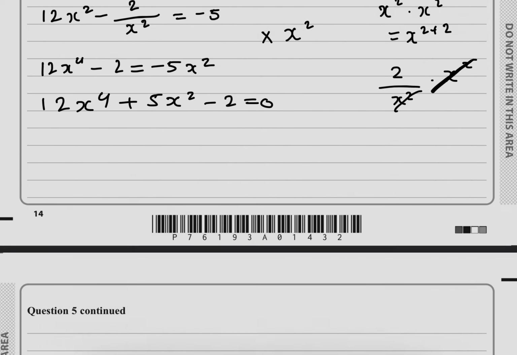In the third part, we have to find the value of k. So how do we go about doing this? First of all, we have this 12x to the power 4 plus 5x squared minus 2 is equal to 0. We have to solve this to find that x. The easiest way is to substitute, because usually quadratic equations are in the form ax squared plus bx plus c.